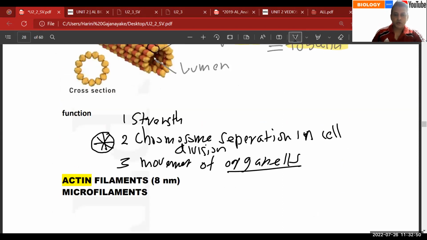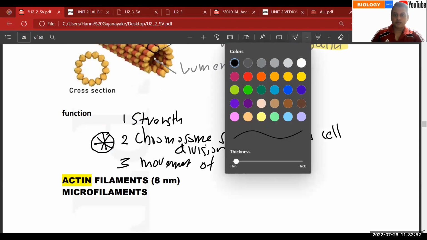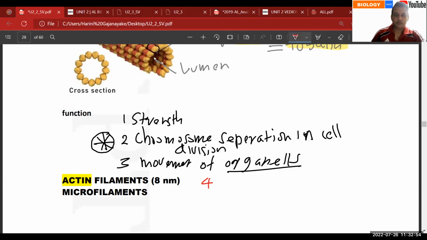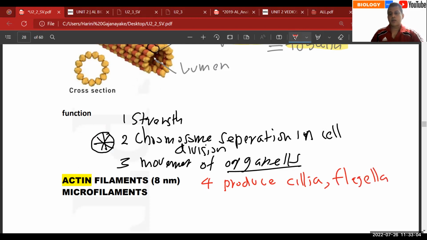I think we can add the fourth one: cilia and flagella. Strengthen the cell, chromosome separation, helps to move organelles within the cells. It helps to make these cilia and flagella.